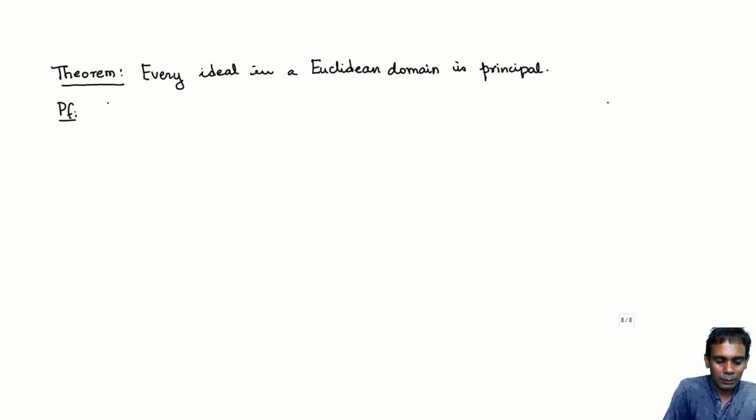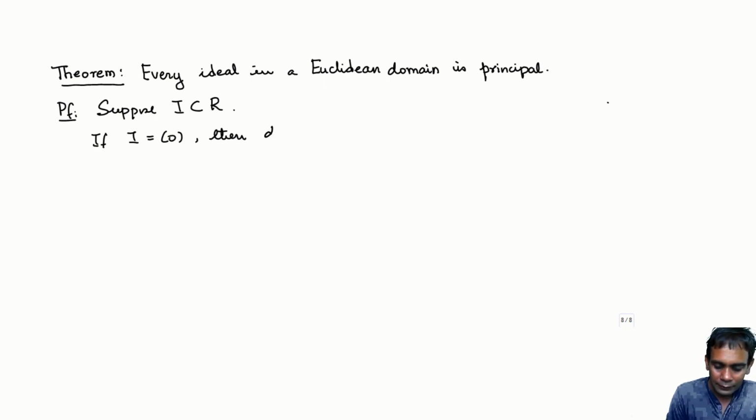So suppose I is an ideal in a Euclidean domain R, and I want to show that I is a principal ideal. So I need to find this element m such that the ideal generated by m is I. So if I is just the singleton 0, then we are done, right? Because I can just take m to be 0, it's the ideal generated by 0.